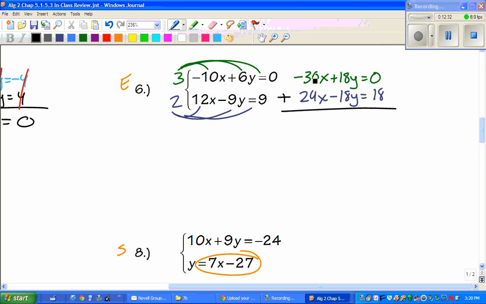So -30 plus 24 gives us -6x equals 18. Mr. Grice, where'd the y's go? Those cancel. Okay. Get the x by itself. x equals -3.